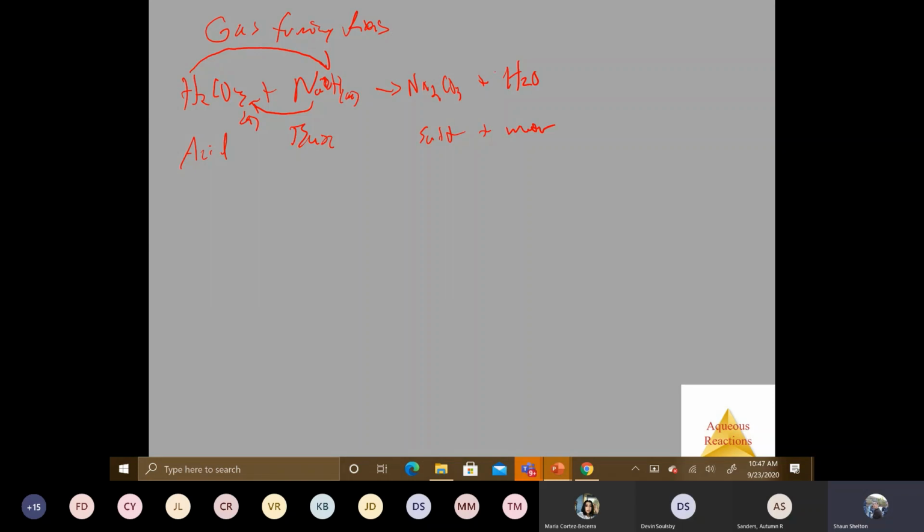So we're going to put a 2 here, and you're going to put a 2 here, and that balances the equation out. So keep in mind, this is like your HOH. When you put a 2 there, that gives you 2 hydrogens. You put 2 because you have 2 hydrogens on the left, so you need 2 hydrogens on the right, but it also gives you 2 hydroxides, and that's why I put a 2 in front of the NaOH on the left-hand side.